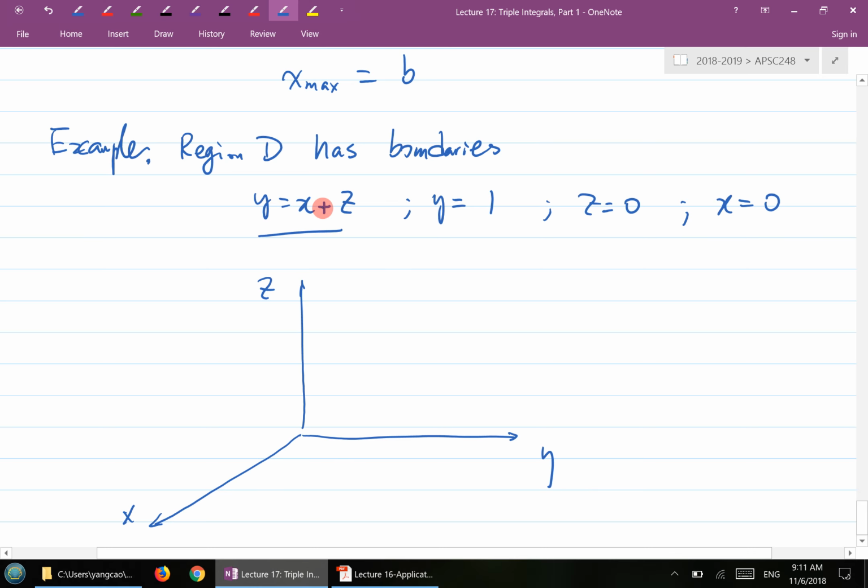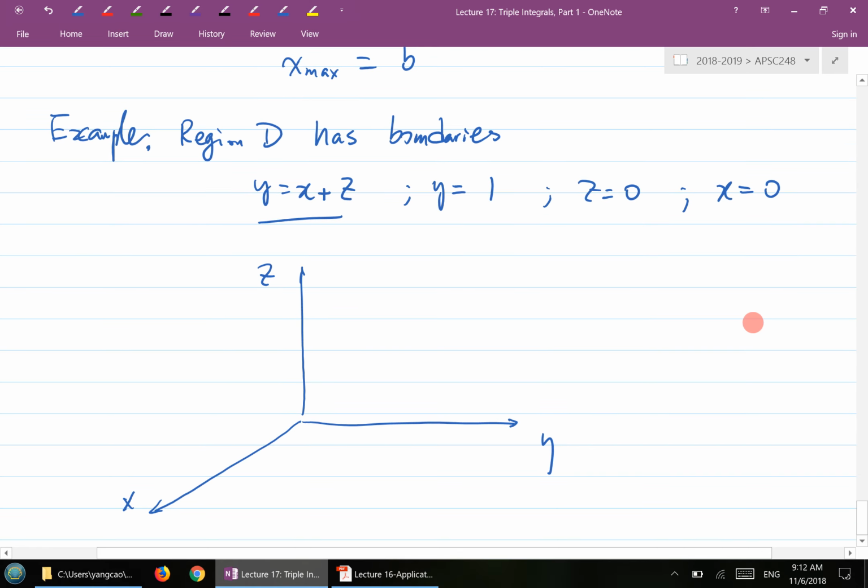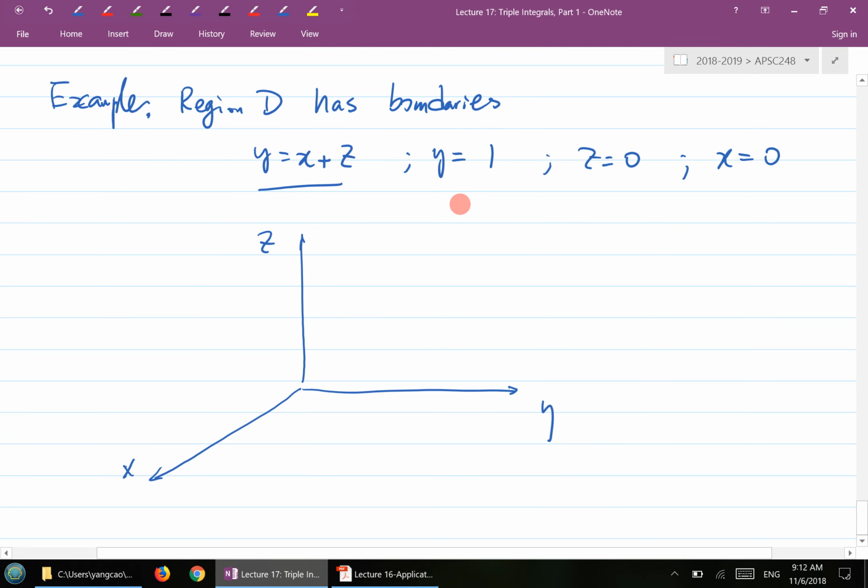A plane. Very good. You can always move everything to one side, and you get x minus y plus z equal to 0. And how about y equal to 1? 1 is over here. If I draw it out here, that's your y equal to 1.